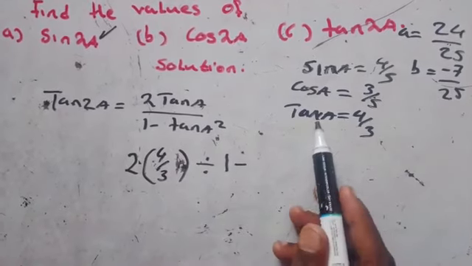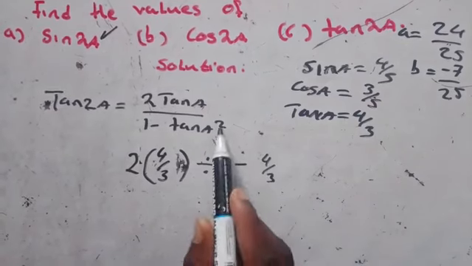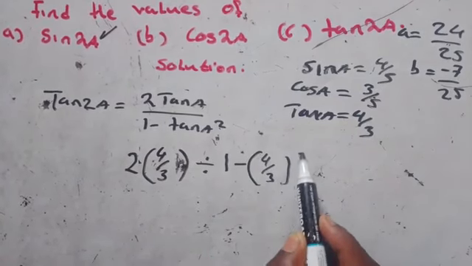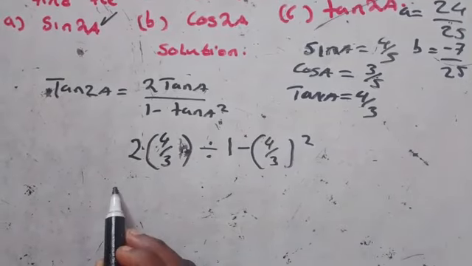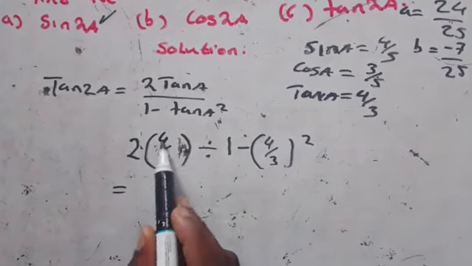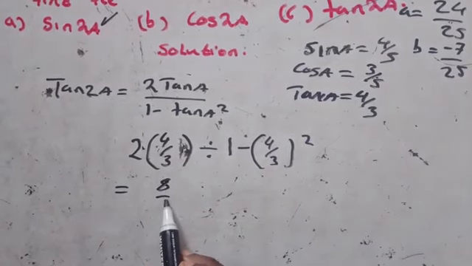We know that tan a is 4 over 3, but remember, here it's squared, so we square it. So we are going to have 2 multiplied by 4, sorry, we're going to have 8 over 3.